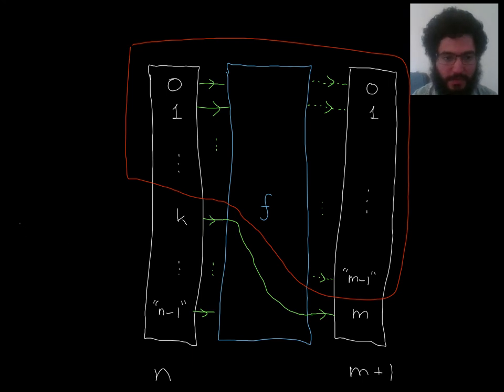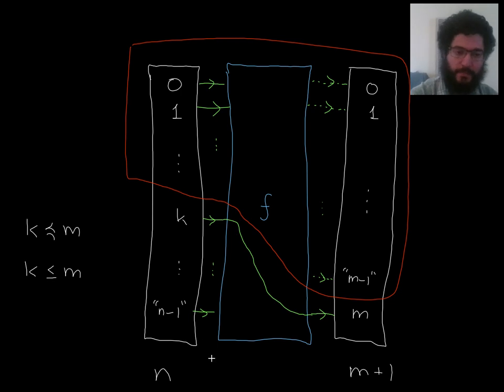So it would give me something like k minus 1. So if I just focus on the red part, I think that would show that there's an injection from k to m, right? So then I would get k less than or equal to m using the induction hypothesis.